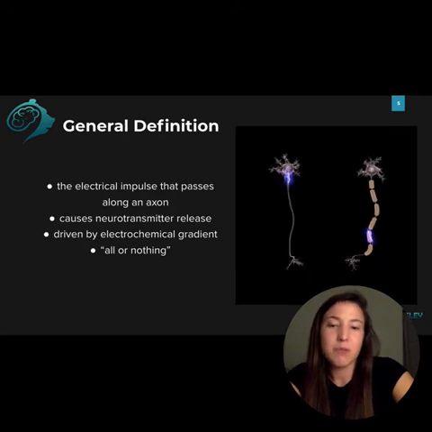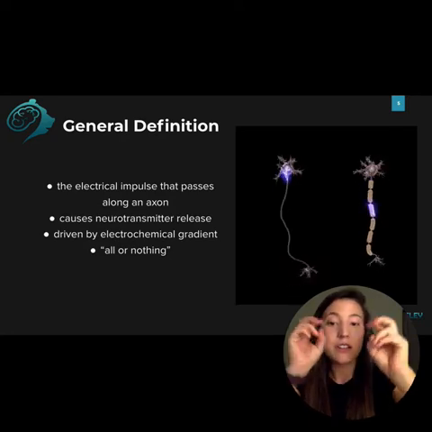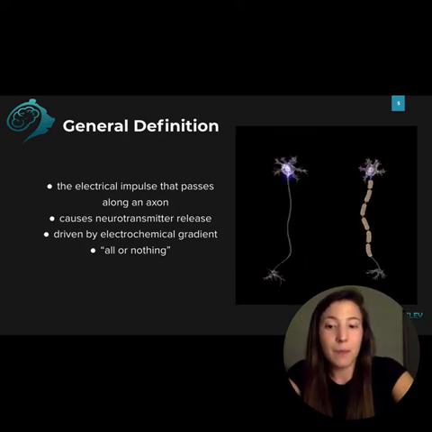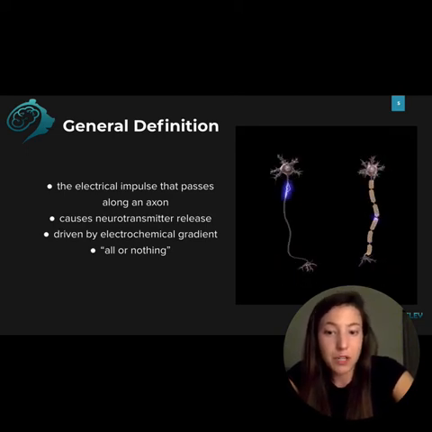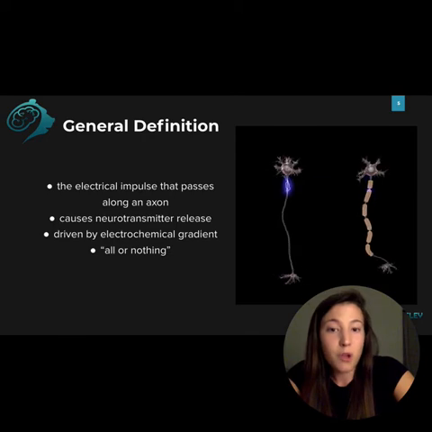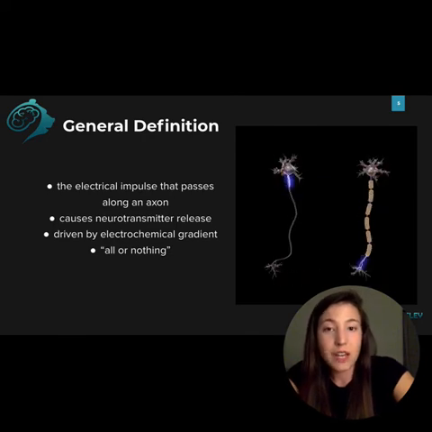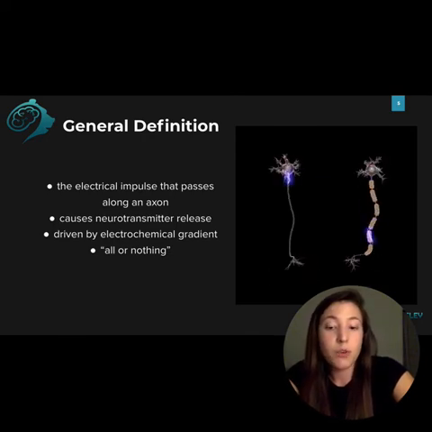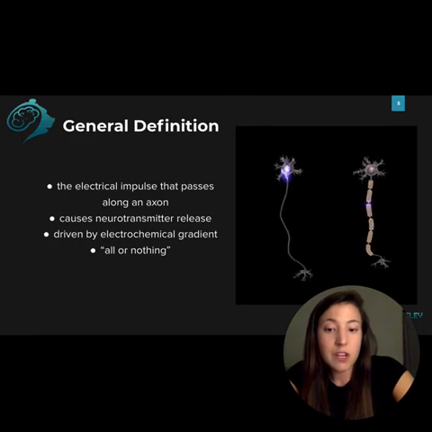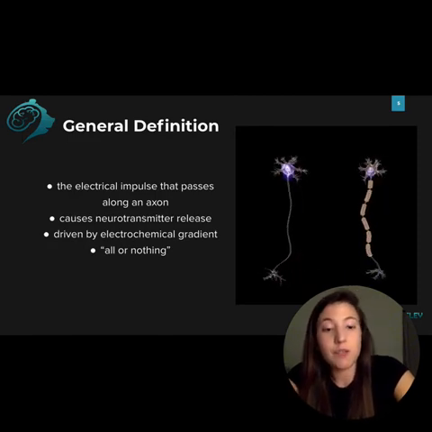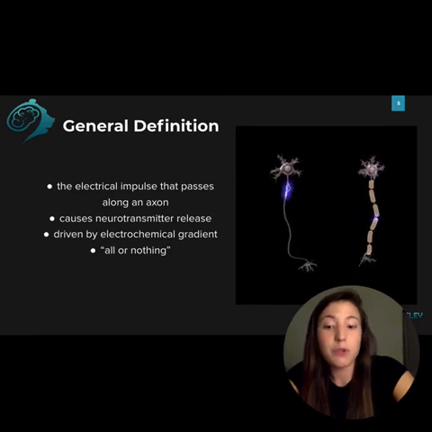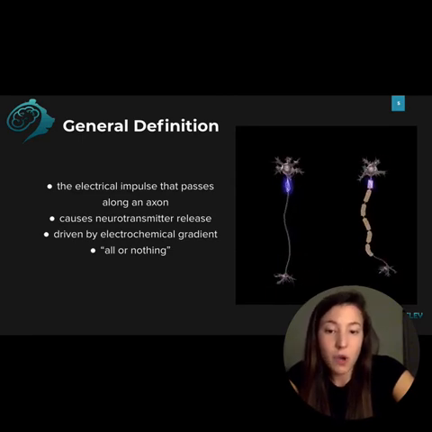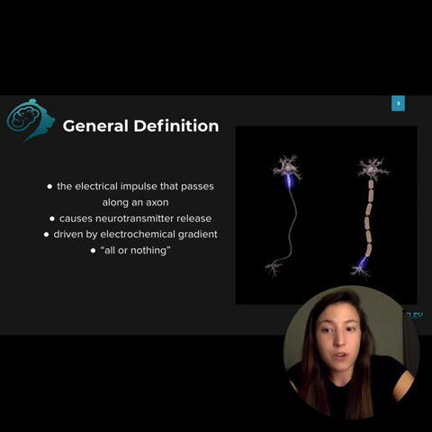Something about the action potential that's brought up a lot is that it is all or nothing. Every time an action potential occurs, it has the same amplitude. There are no smaller or larger action potentials, and basically you feel things more strongly due to spatial or temporal summation of action potentials in the brain, meaning that a stronger stimulus will produce more frequent action potentials, or it will activate more neurons.